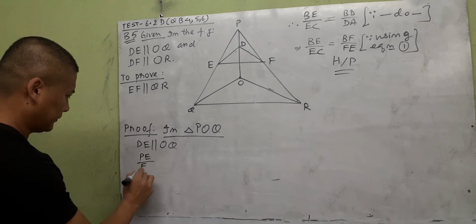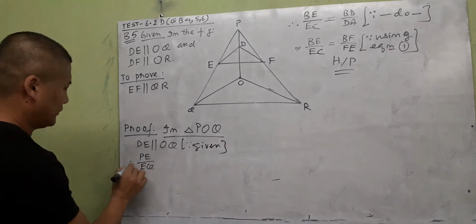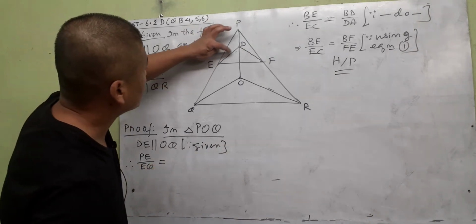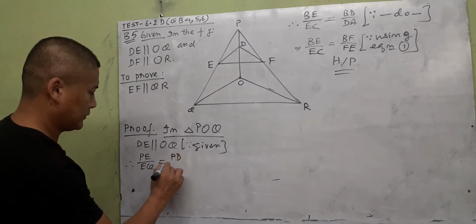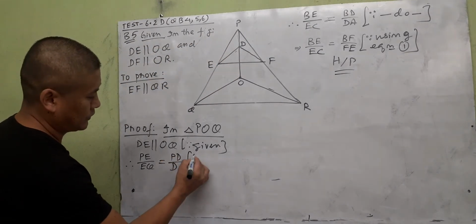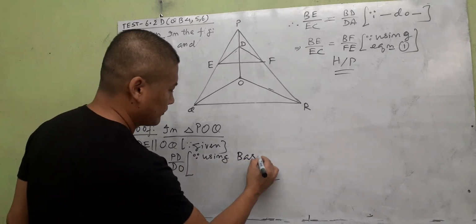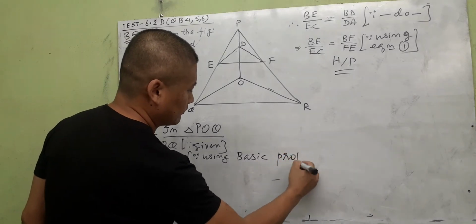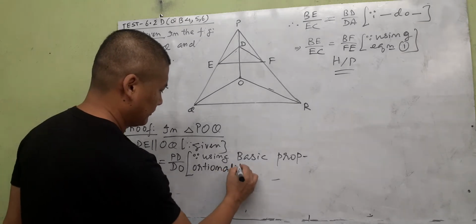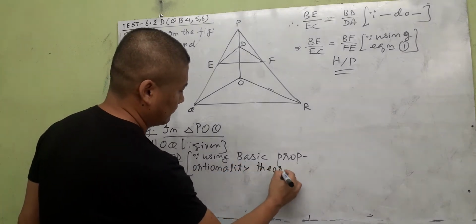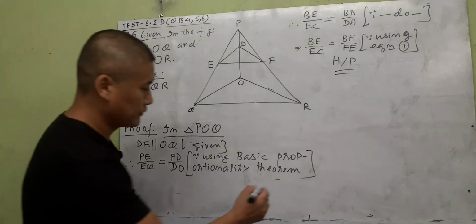Therefore PE by EQ is equal to PD by DO, since using the basic proportionality theorem. Let's give this as equation number 1 and proceed.